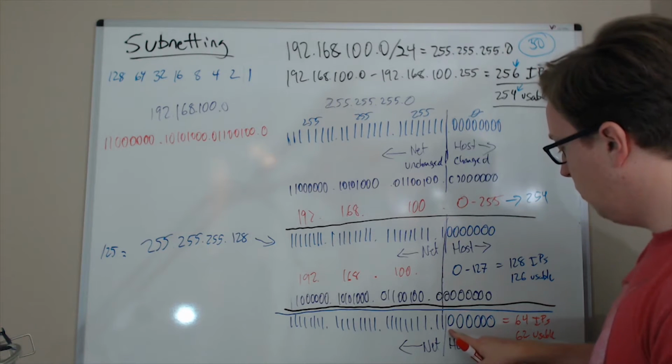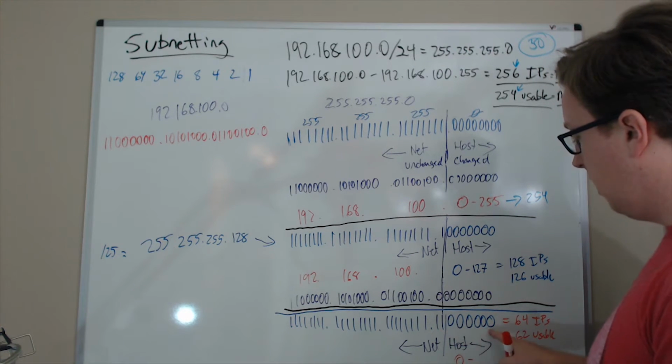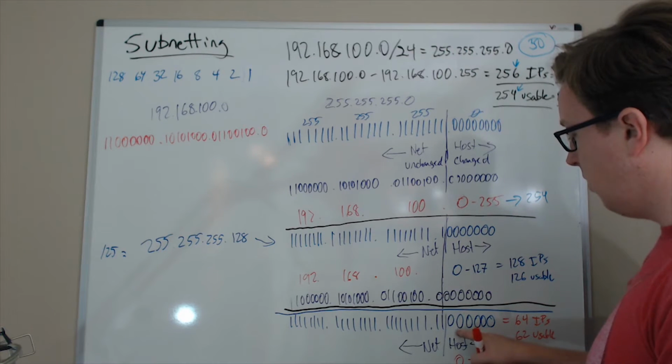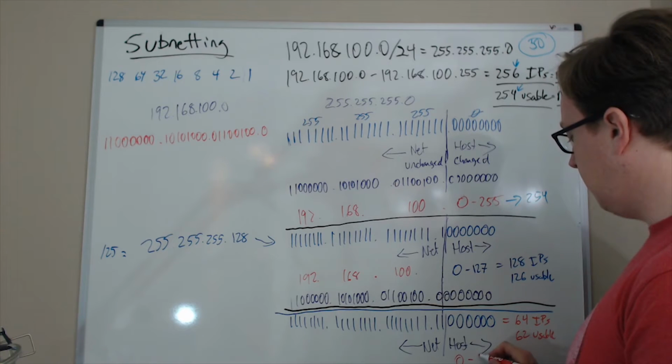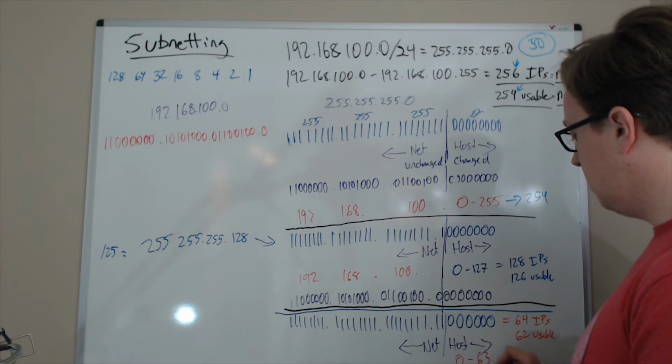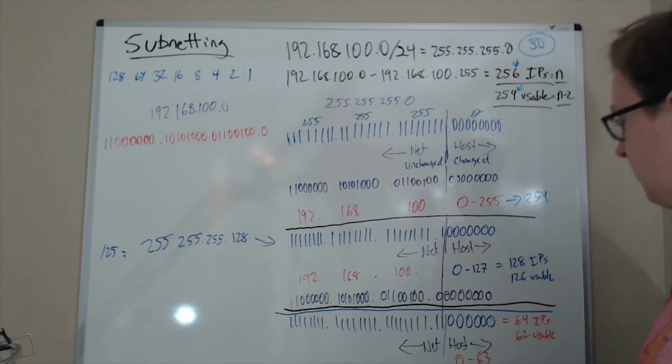Because again, if you start here, you're going to have 0 as your network ID. And then if you turn all of these guys on, it's going to be one less than that guy. So it'll be up to 63, which is a total of 64 IPs. Cool.